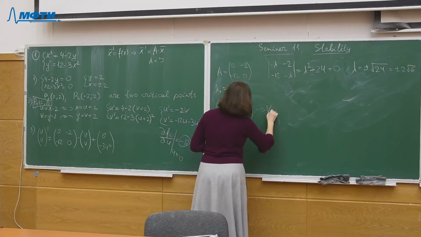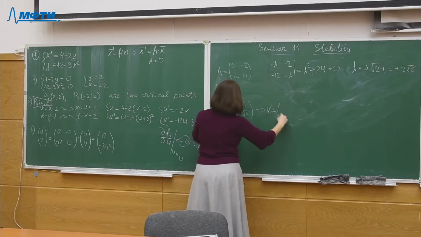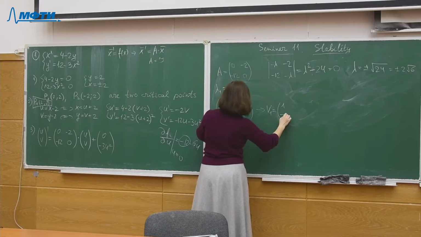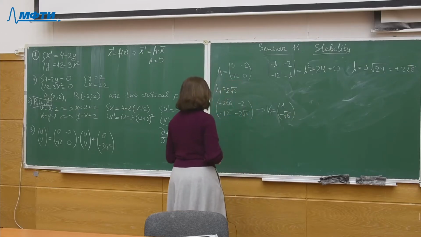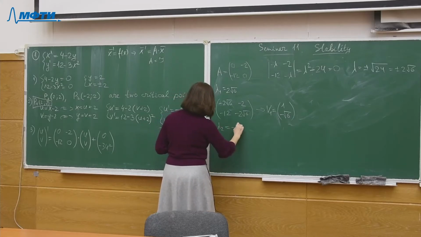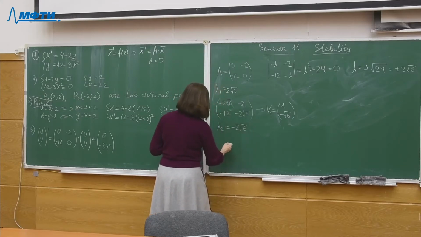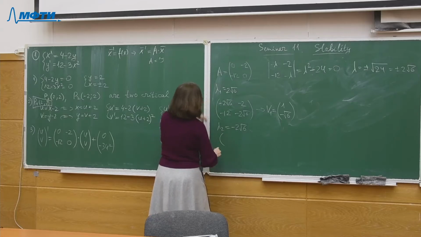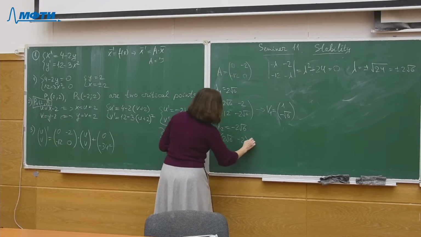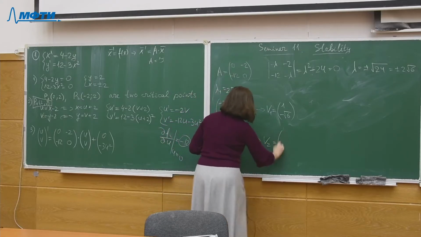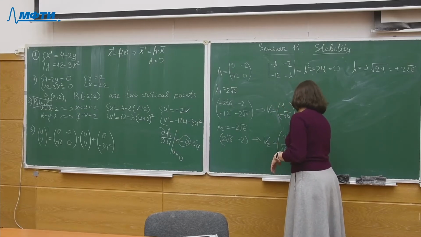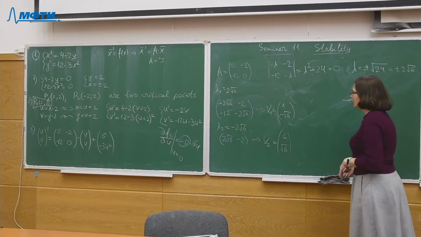And the eigenvector v1 is equal to 1, minus root 6, so it is easy to guess. And lambda 2 is minus 2 root 6, and we need only the first row. It will be 2 root 6 and minus 2. The eigenvector will be 1 and root 6. So, 2 eigenvectors.